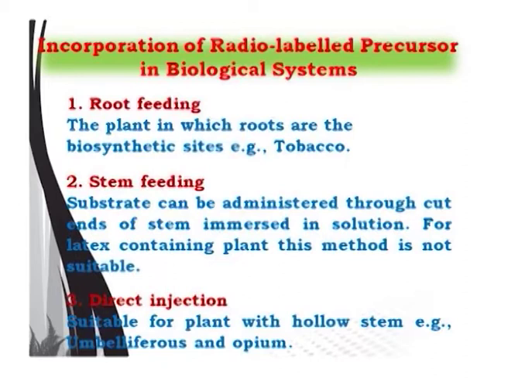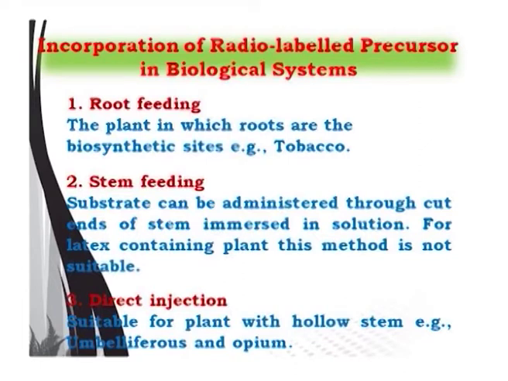Like first, root feeding, for plants in which roots are the biosynthetic sites, for example, tobacco. Stem feeding. Substrate can be administered through the cut end of the stem immersed in the solution. This method is not suitable for latex containing plants. Direct injection.